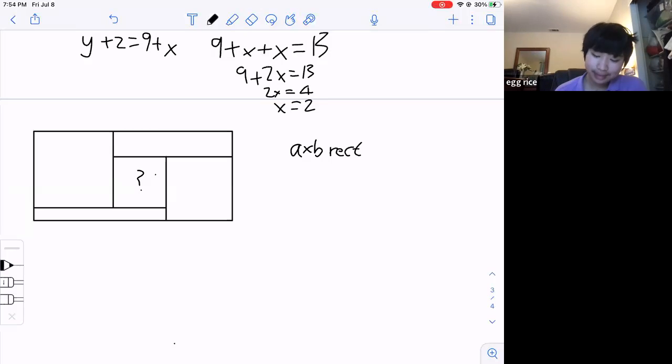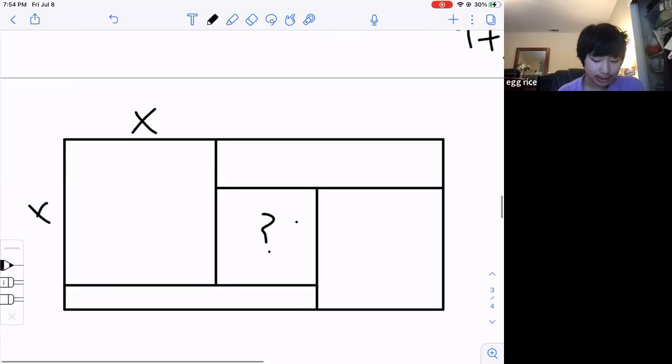Okay, so we can do something very similar by adding these variables like this.